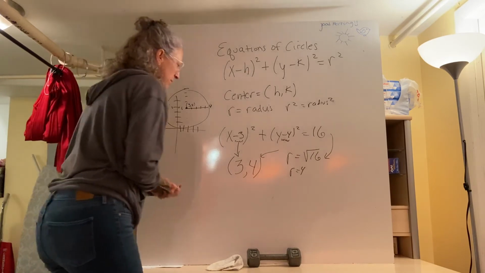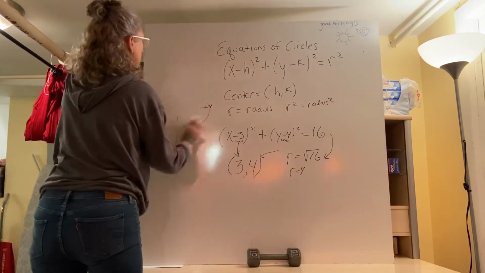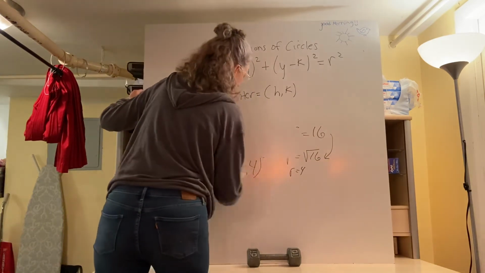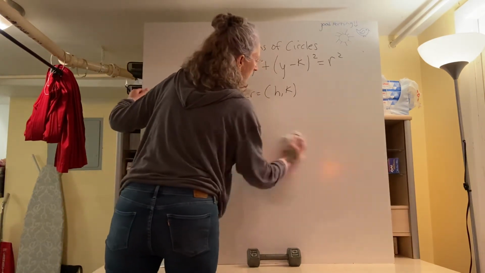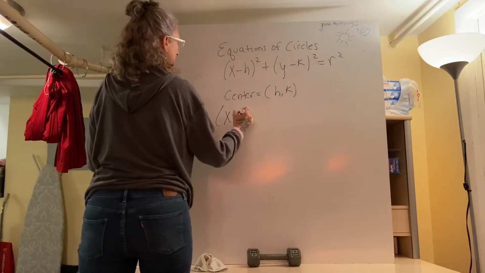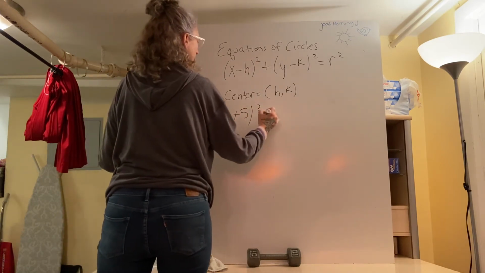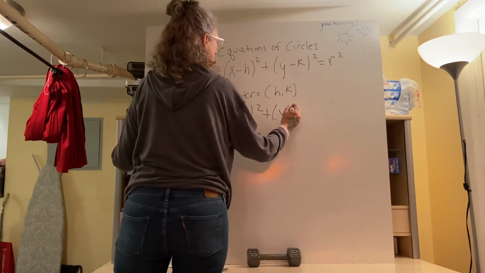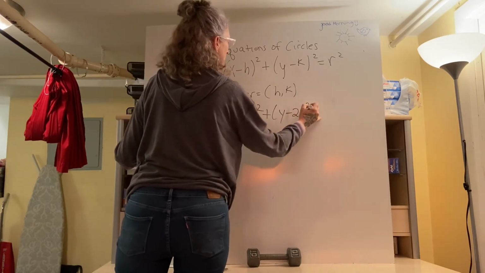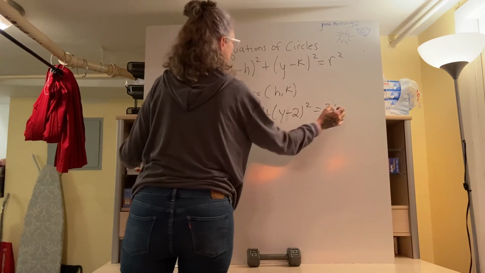I'll do another example. We'll change the numbers around a little bit. Let's say we have (x plus 5) squared plus, let's do both, (y minus 2) squared equals 36.